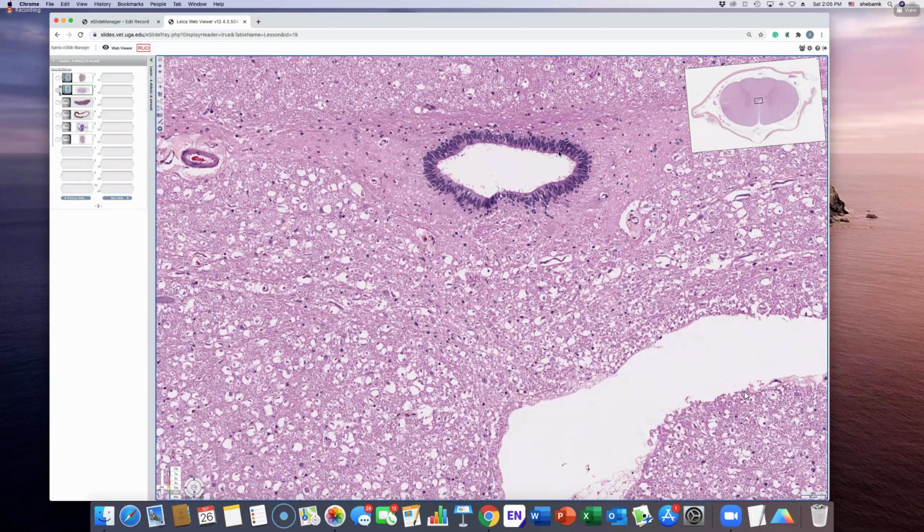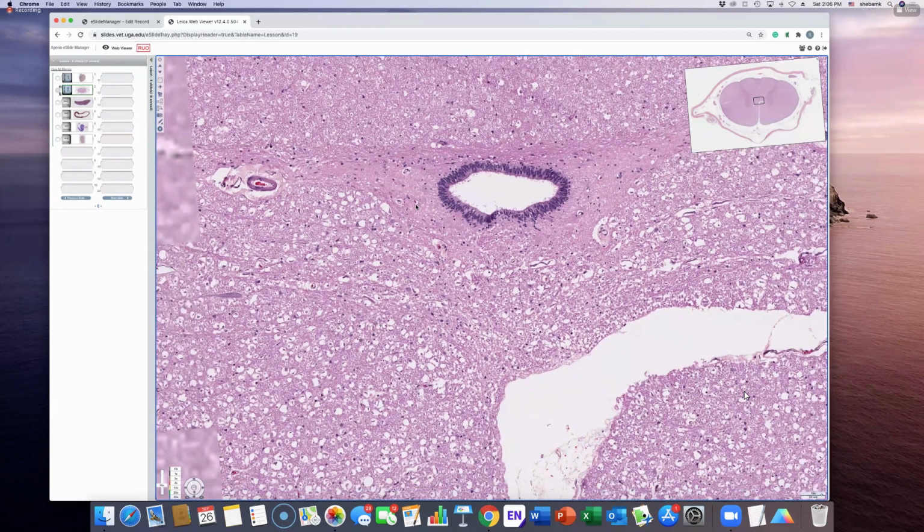Okay, so this is lined by simple columnar epithelium. What are these cells called? Ependymal cells. Okay, all these are ependymal cells that line the central canal.